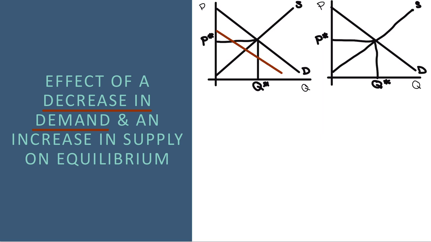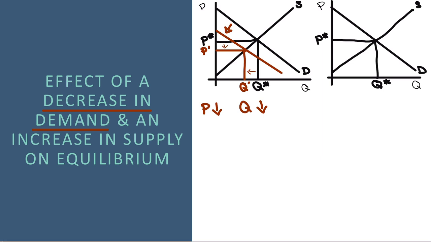So demand is going to shift to the left. We're looking at where the lines cross. And when they cross, we're going to have a new Q and a new P. And it looks like our P went down and our Q went down. So price decreased, quantity decreased.